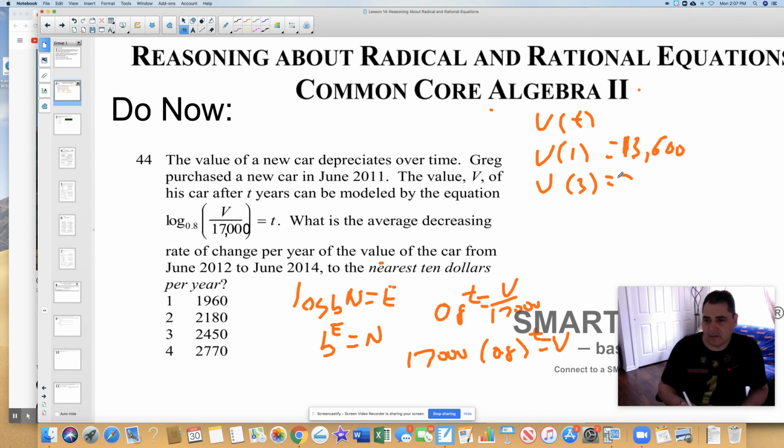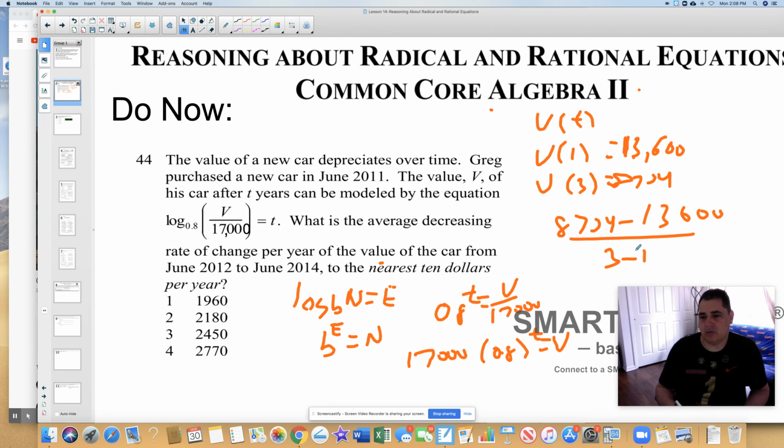So 8704. Now, the way the average rate of change works, it's going to be the difference of the outputs over the difference of the inputs. So 8704 minus 13,600 over 3 minus 1.